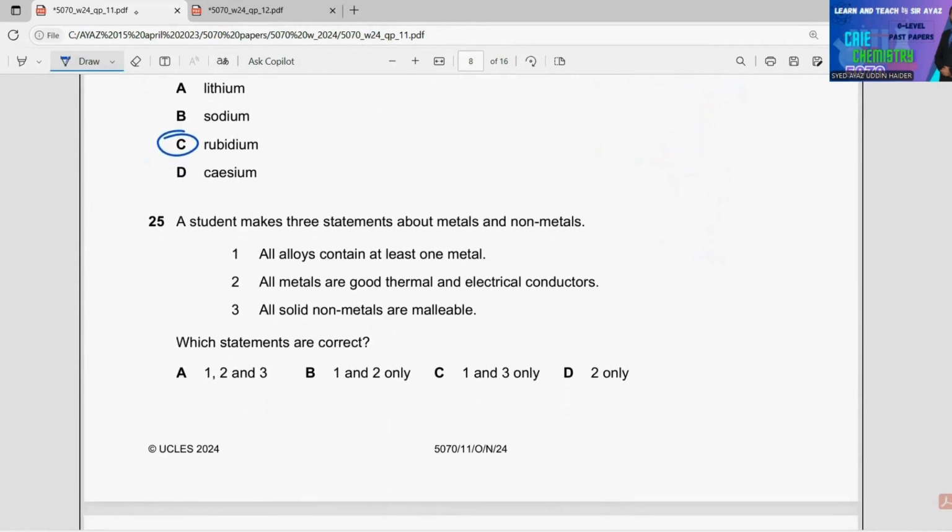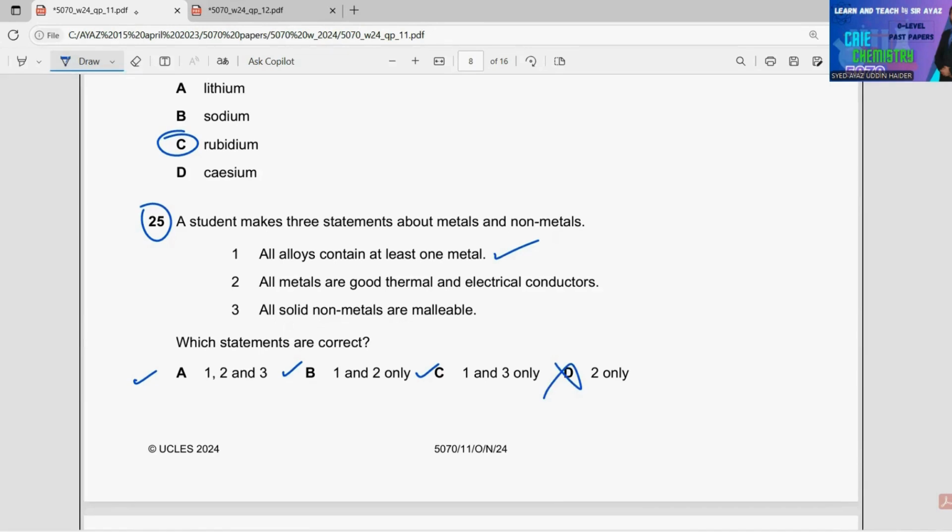25. The student makes 3 statements about metals and non-metals. 1. All alloys contain at least 1 metal. This statement is correct. So if 1 is correct, it means that A, B, and C are all correct, and D must be an incorrect response.